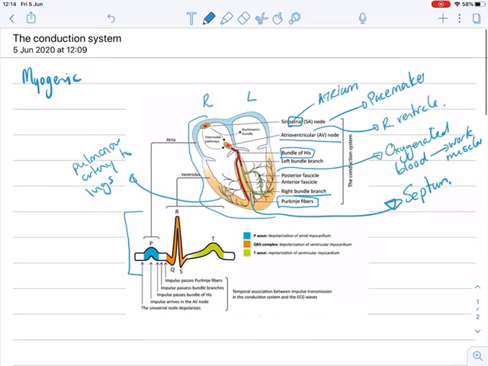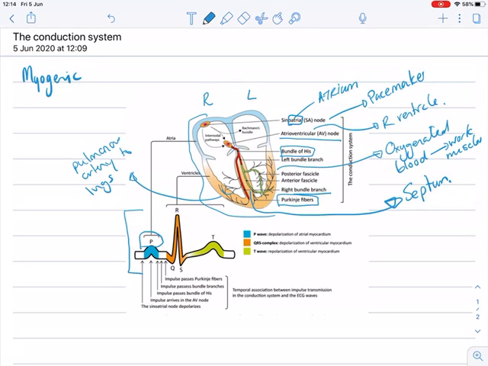So if you relate the two, you can see we get this very small impulse, which is P, and that is the AV node. We then have a delay, and this delay is 0.1 seconds, and that is to ensure that the blood moves from the atria down into the ventricles. Then we get this huge impulse, which is QRS, and that is the ejection of blood from the right and the left-hand side of the heart.